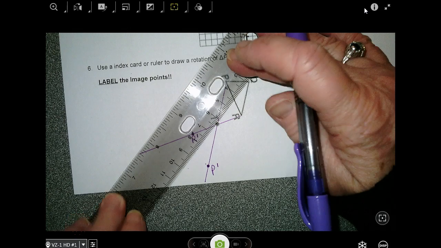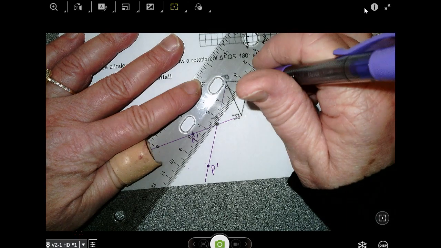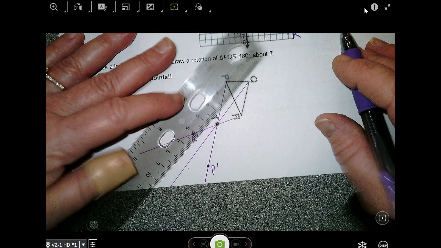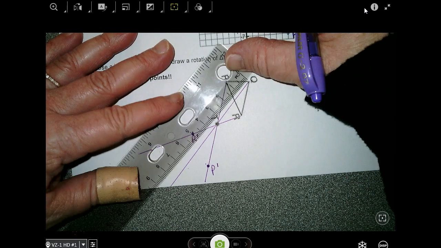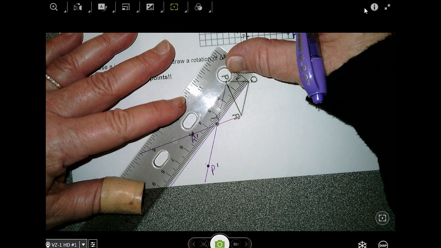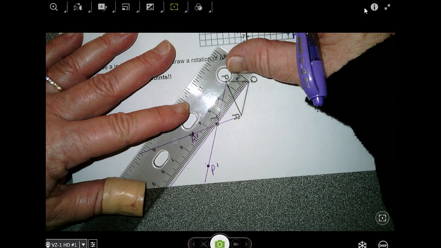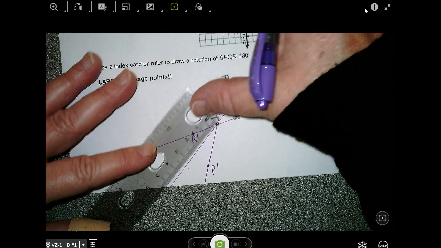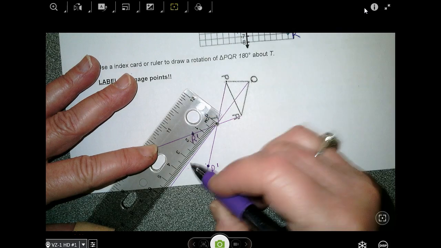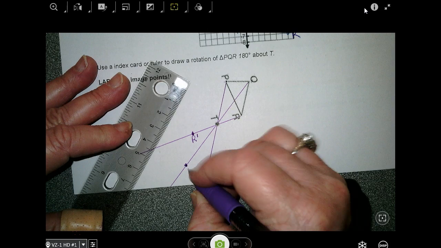Okay, go through to the other side from Q. Okay. Measure from Q to T. Are you guys getting 3.4? Okay. Slide the ruler to T at 0. And go to 3.4 and make a dot. And that's Q prime.